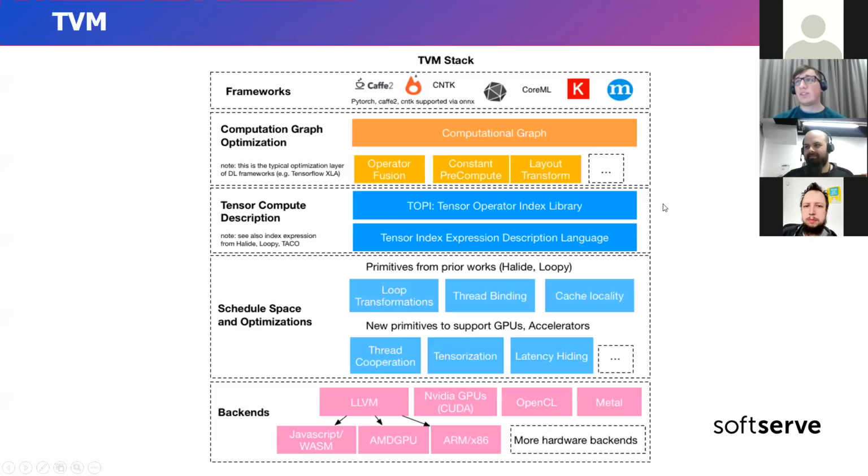So what is TVM? It's a recently developed optimization library for neural network optimization. It supports different platforms, mobile, GPU, CPU. It supports also different frameworks, Caffe, TensorFlow, MXNet, and so on.